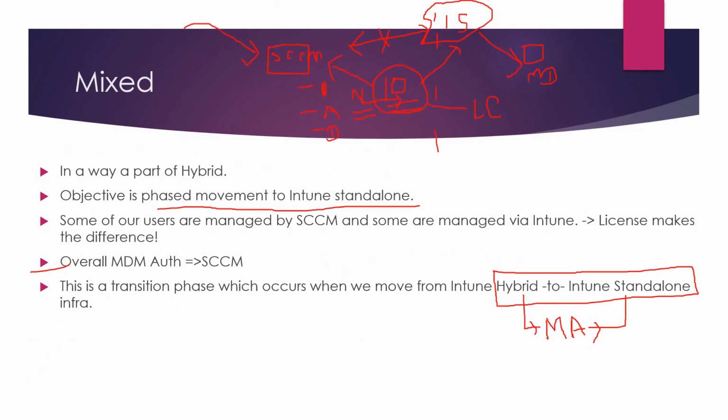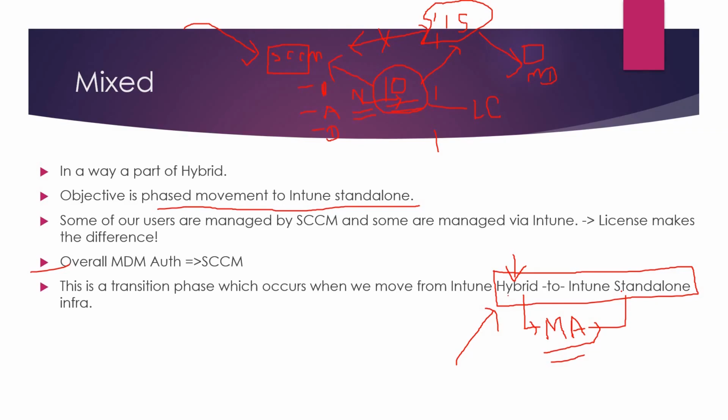What we are headed towards is from hybrid setup to Intune setup, as hybrid would very soon reach end of life. Therefore, in between lay a transitional phase called mixed authority, wherein some users were being managed via hybrid and some users were being managed via Intune standalone, because we didn't want to migrate all the users at the same time.